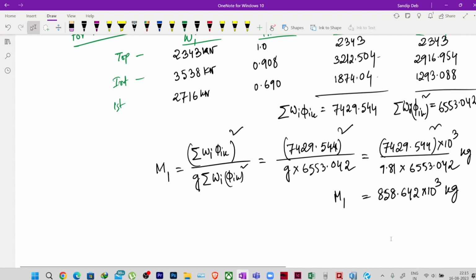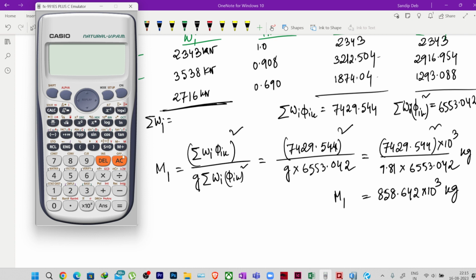Now what is the total seismic mass that we have? Here I don't have any live load, so I am considering only dead load. If you have live load also, then 50% or 25% of live load needs to be added. Here I am taking 100% of dead load, so 2343 plus 3538 plus 2716 gives my seismic weight, 8597 kilonewton.